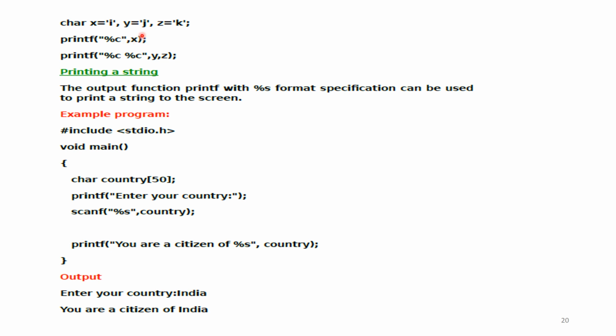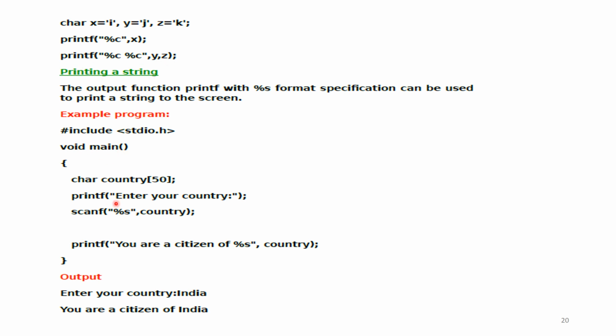The argument is the variable x. In the second printf function, the control string includes the format specifiers for y and z.